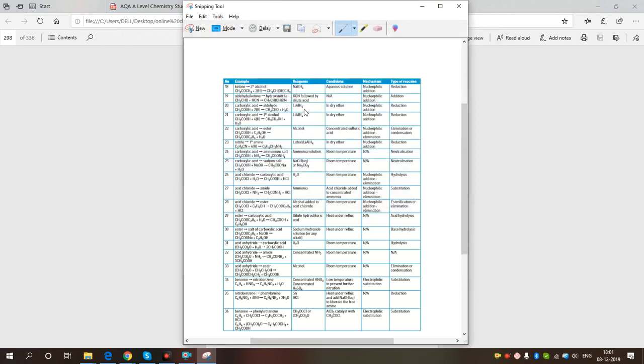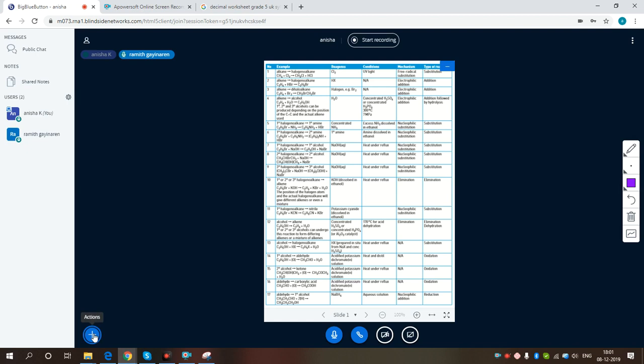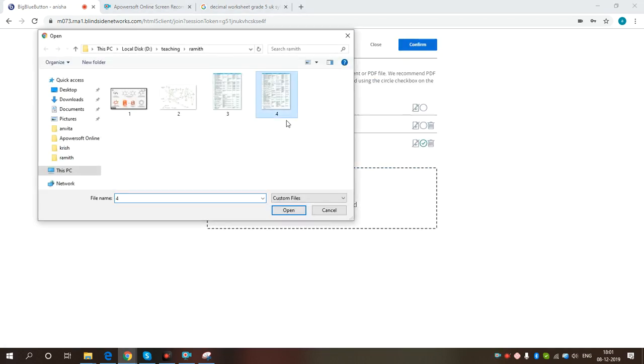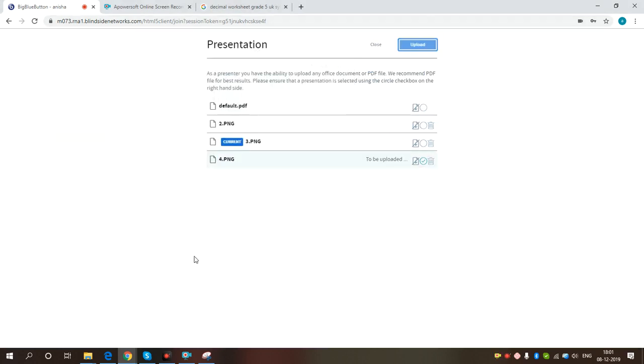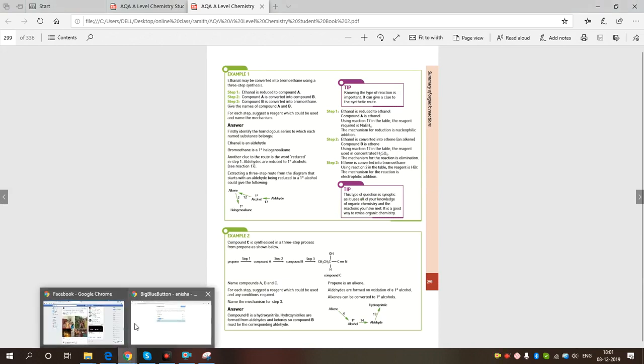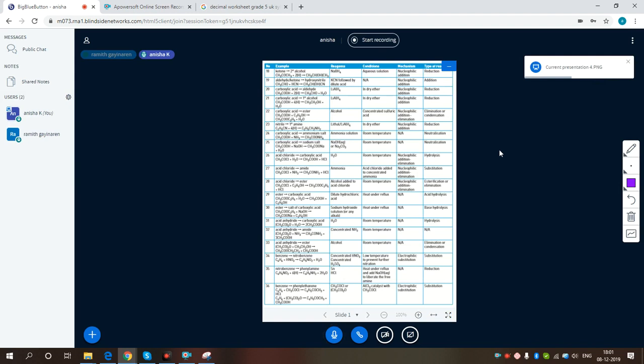Let me screenshot that also. One more coming up. Taken again. Now this one you have got. The next set, I've taken that one. Remember, now we are going to deal with some question sets which require all these in hand.